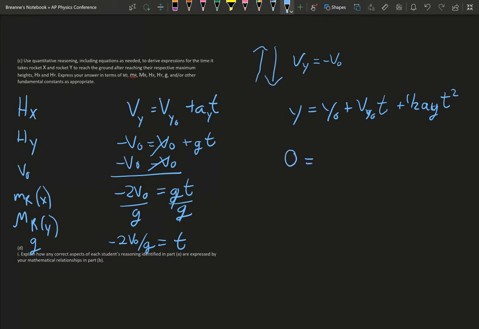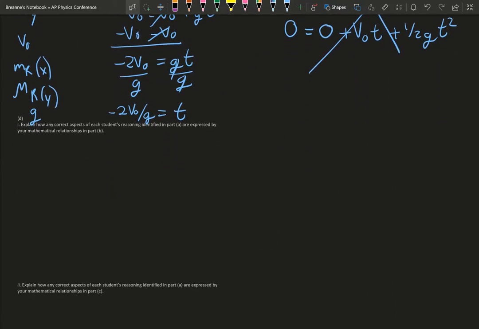So if we do 0 equals 0 plus v naught t plus 1/2 g t squared. Nope, you're going to have to do the quadratic equation. Please don't use that equation. That equation is evil. But technically you can use that equation. That is an answer choice, but you'd have to use the quadratic equation to get t by itself. And let's just not put more stress on yourself when you can just do a nice, pretty thing right there.